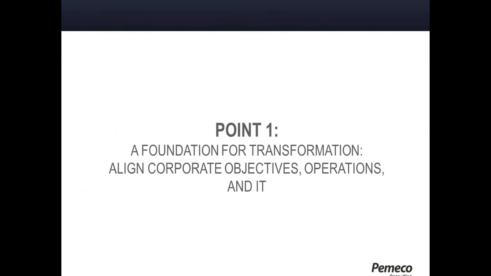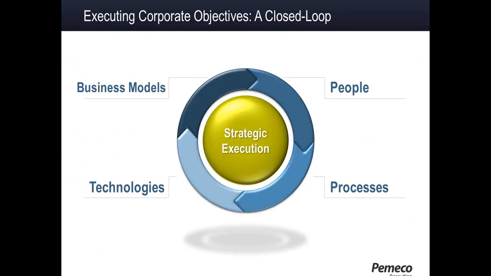Let's move into today's presentation and start with point 1, a foundation for transformation, aligning corporate objectives, operations, and information technology. Now, different businesses have different corporate objectives. Some might measure themselves by market share, others might measure themselves by profits, and others might measure themselves by revenues.